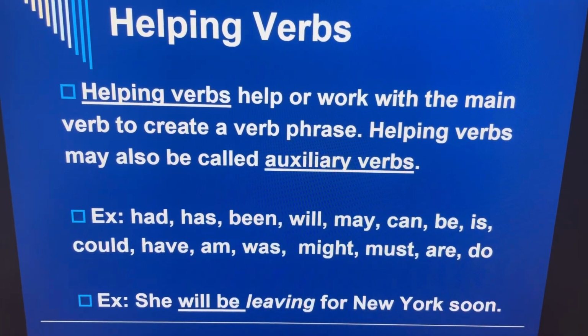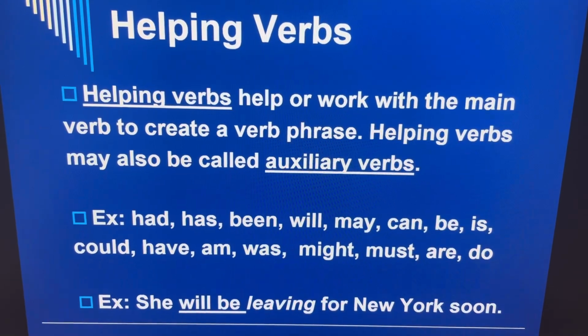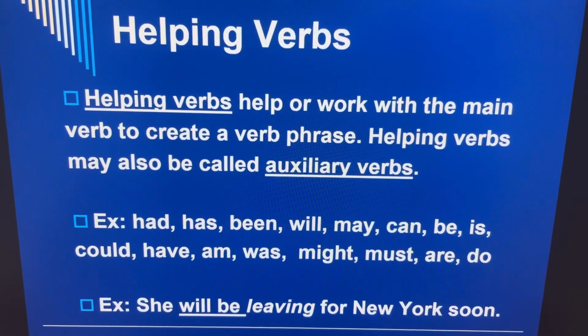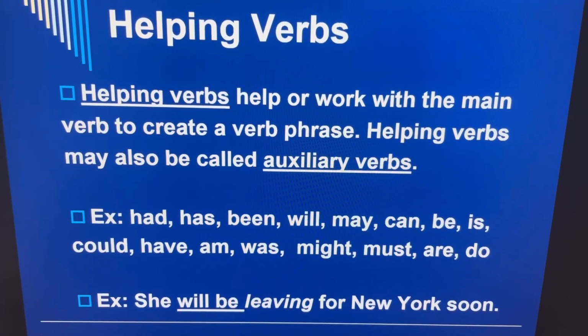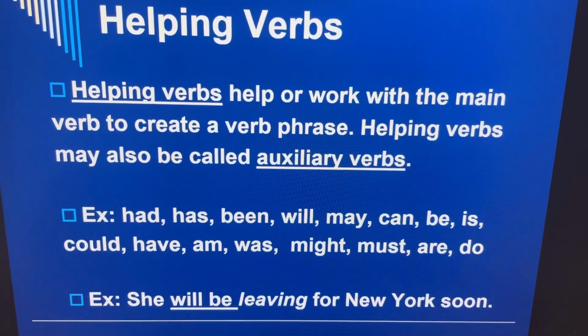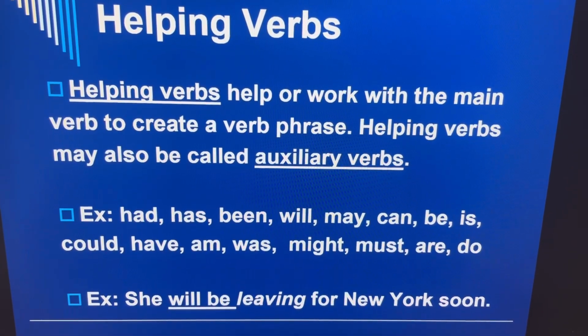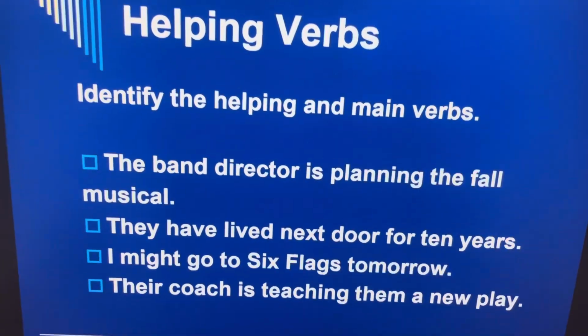Will be, so किसमें जाता है सेंटेंस? फ्यूचर टेंस में. So here it shows that the helping verbs are also used for tenses. Will be, has been, had been, can be, could be, would be, might be, all these are helping verbs.